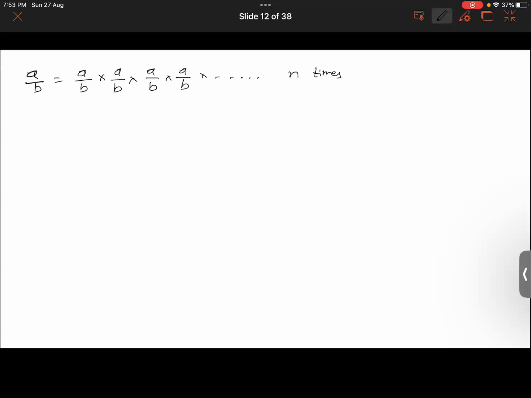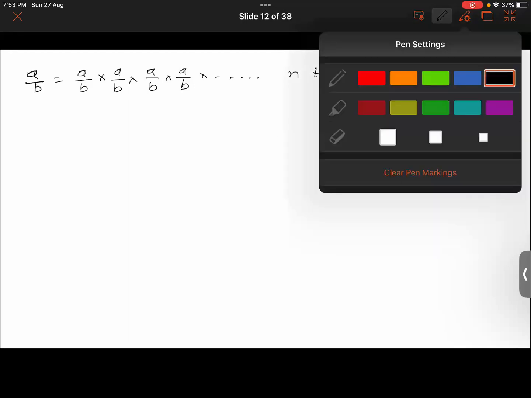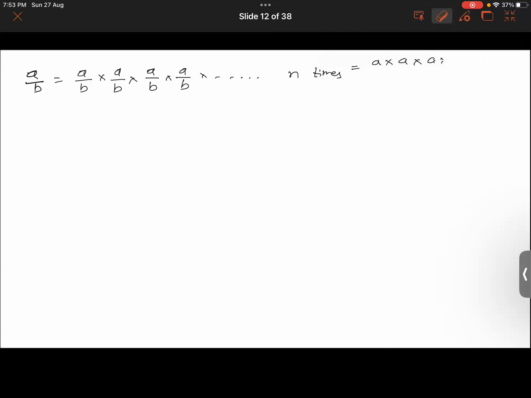So it will mean you are multiplying the numerator a, n times, and the denominator also. So (a upon b) n times equals (a by b) to the power n.